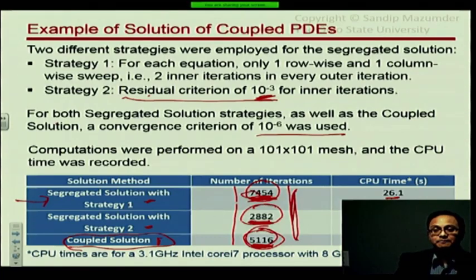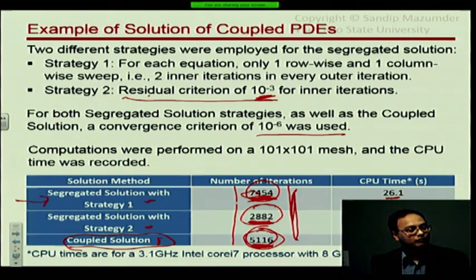Any other questions? There was one other hand up, I think. For segregated, would you have the freedom to use different methods for each PDE, different mesh sizes and everything like that? Different mesh sizes would bring additional complexity, obviously, because then you have to interpolate variables.